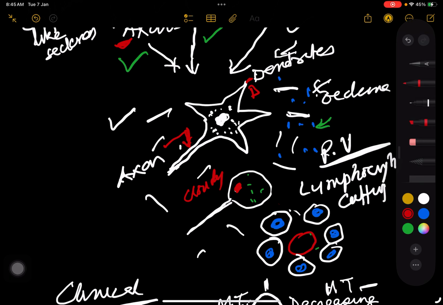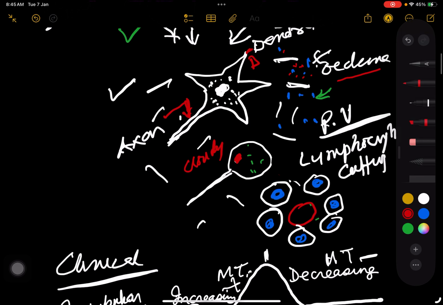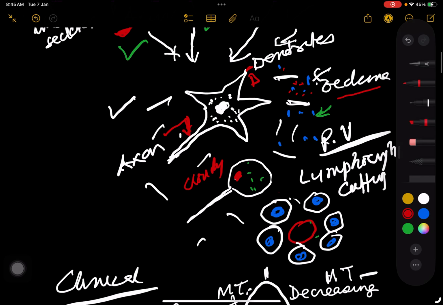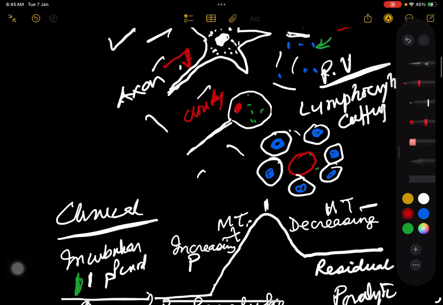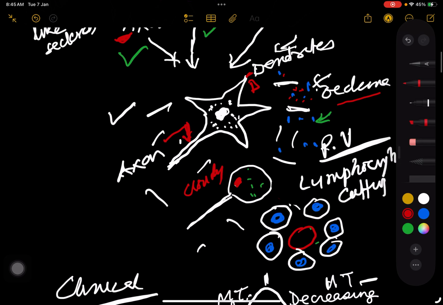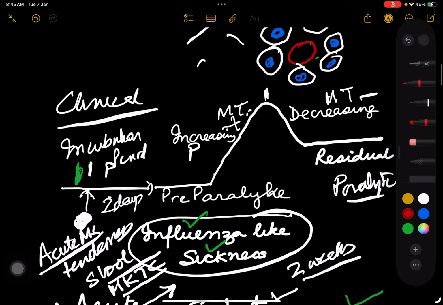Then in the glial tissue you find these blue colored dots which suggest edema, inflammatory edema. And around the blood vessels you find lymphocytes cuffing it. So these are the histological changes in the spinal cord, the edema being most important because it presses on other cells.